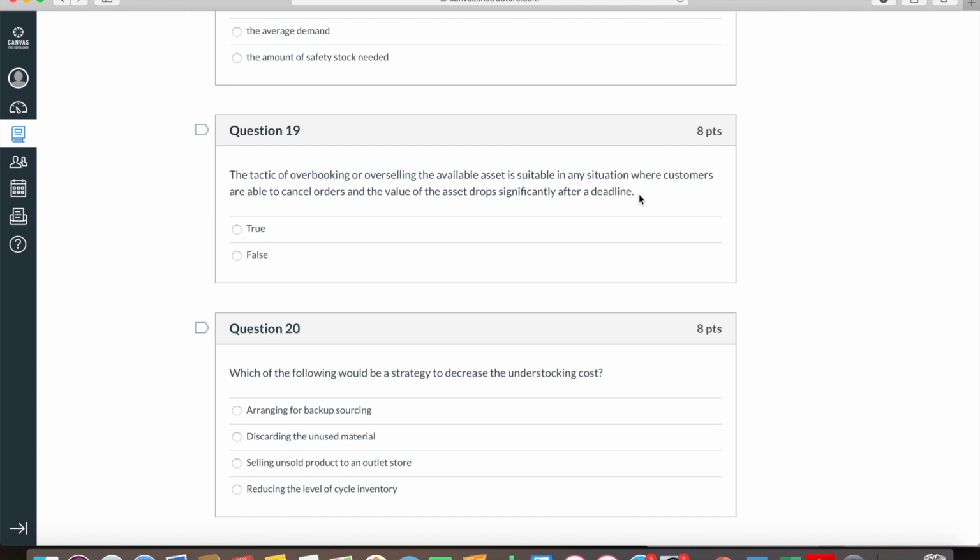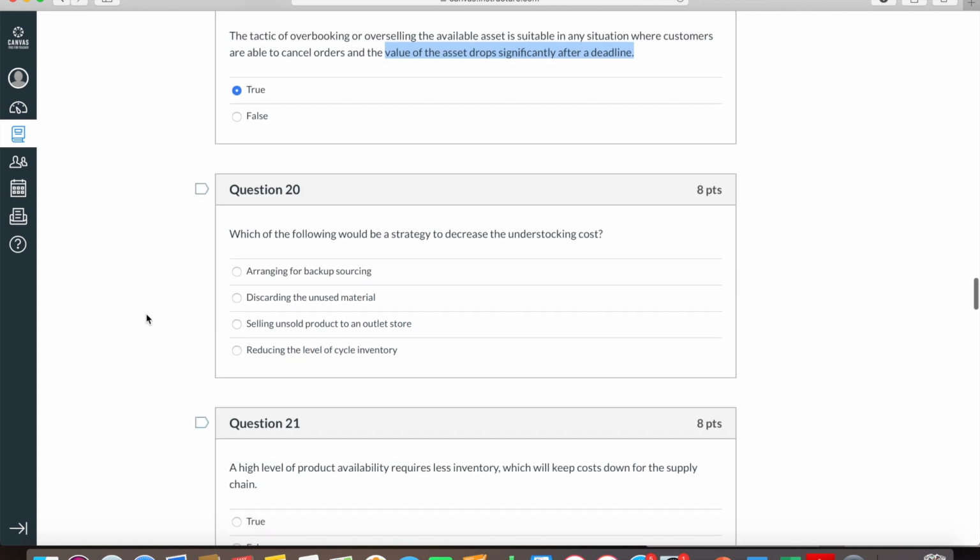However, once it passes this time, you can no longer benefit from that thing being empty. So, for example, if you own a hotel and you're trying to make sure that the rooms are selling out, it's because if you have an empty room there, that room is not going to make any money that day. And the value of that asset drops significantly, straight up to nothing if you don't sell that room.